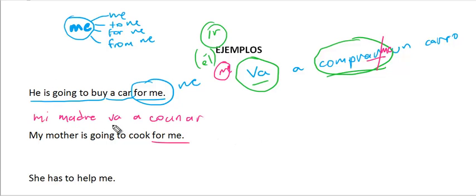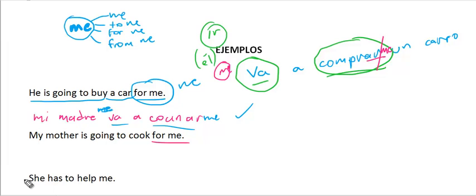Where do we put the pronoun? Two verbs. Va a cocinar. We have an infinitive, so we can put it here. Mi madre va a cocinarme. That is correct. Or you have another option. Mi madre me va a cocinar. Me. Okay? So either or. Two options again.